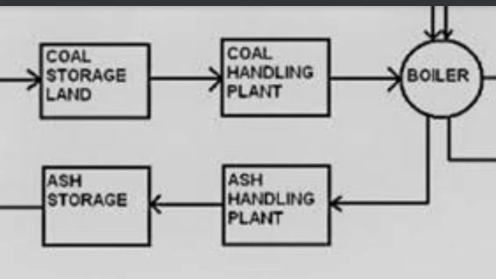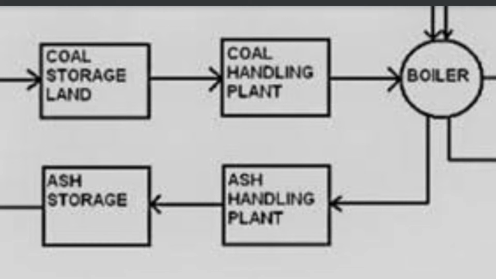It is worthwhile to give a passing reference to the amount of coal burnt and ash produced in a modern thermal power station. We can see here an example. A 100 megawatt station operating at 50% load factor may burn about 20,000 tons of coal per month, and ash produced may be of the order of 10% to 15% of coal fired, that is 2000 to 3000 tons.